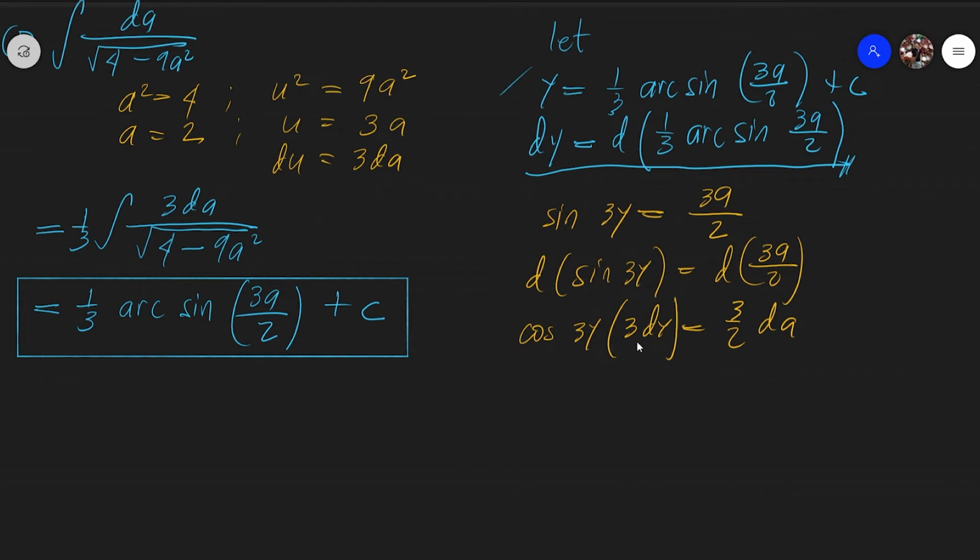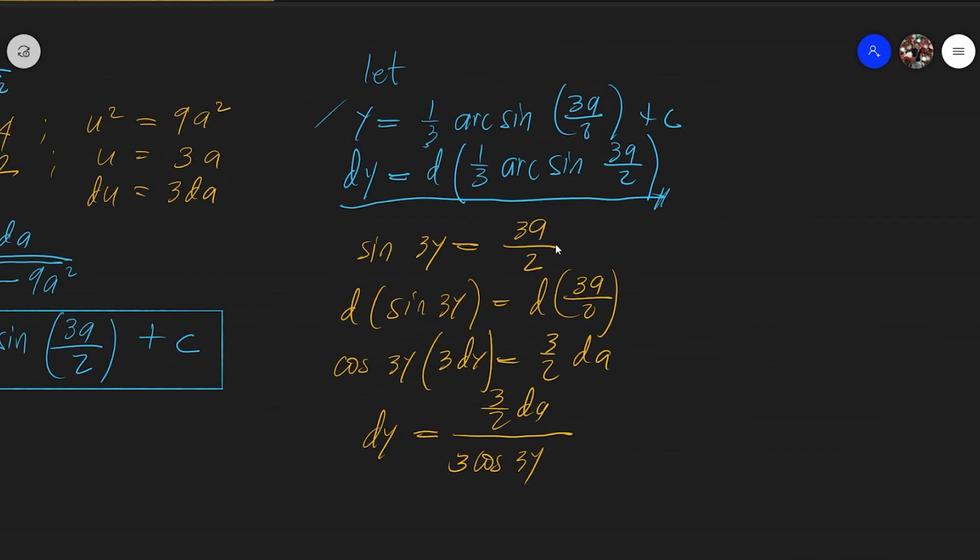Now, we're arranging this equation in terms of dy because dy is what we're looking for, and that is the differential of our answer. So you will have dy is equal to 3 halves dA all over cosine 3y. There is still a 3 here, so you have to multiply this by 3: 3 cosine 3y.